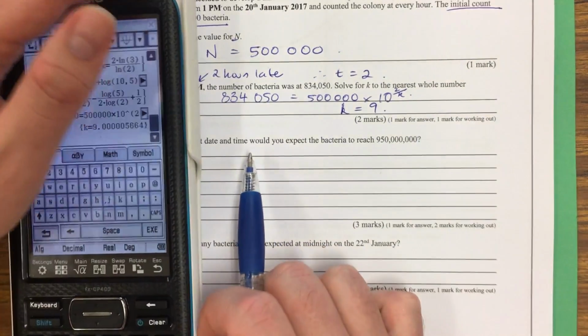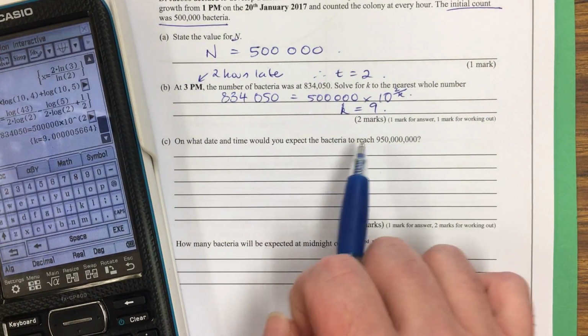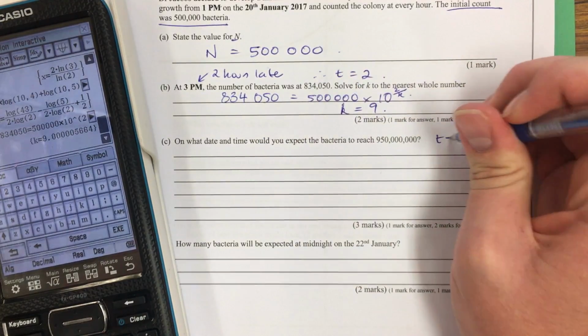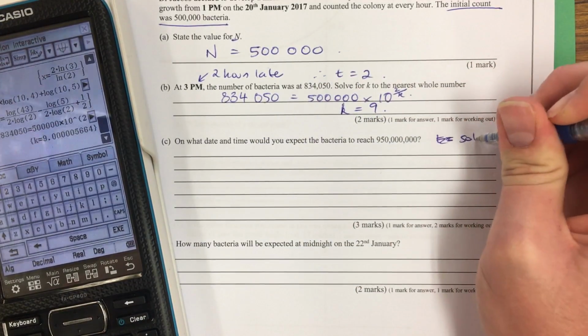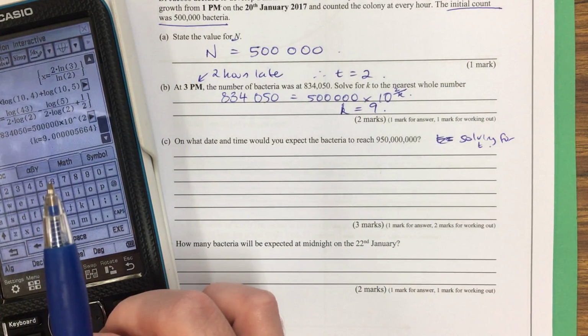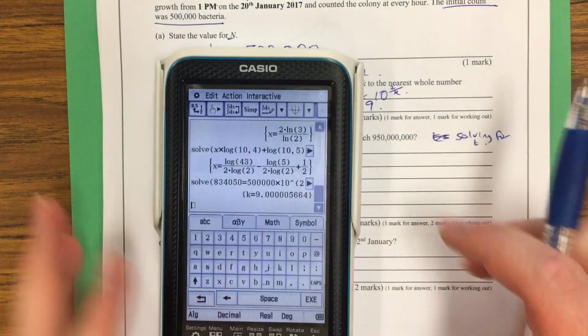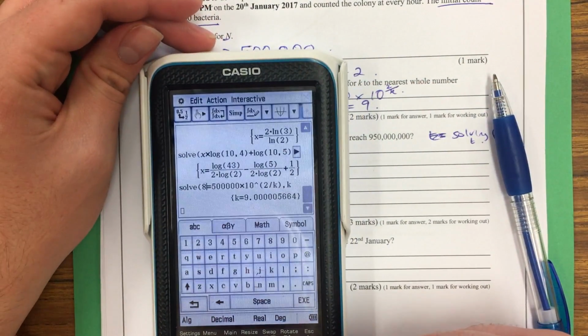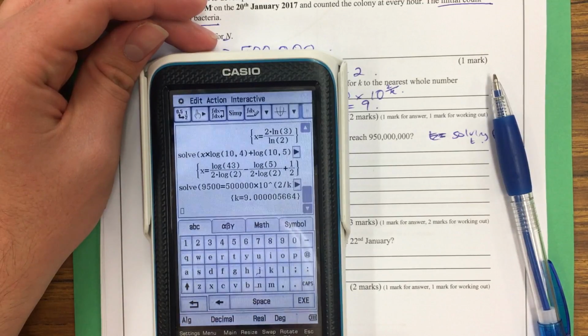And it says now here, on what date and time would you expect the bacteria to reach 950 million? So this is solving for T. All you would need to do here is rearrange or retype. So if I went back, we want 950 million: 1, 2, 3, 4, 5, 6.